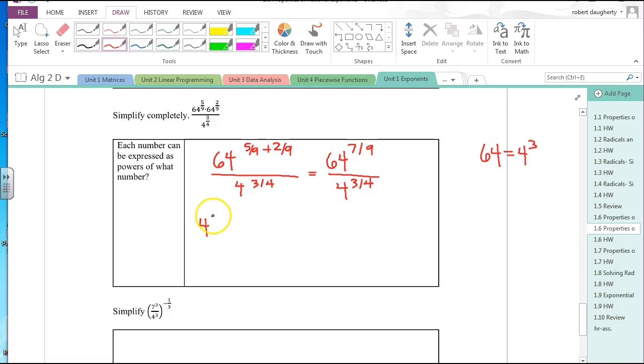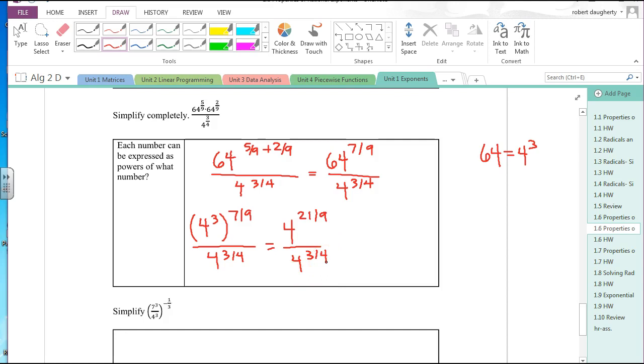So this is 4 cubed to the 7/9 over 4 to the 3/4. On the top of this fraction, when I multiply those, I get 4 to the 21 over 9, over 4 to the 3/4.